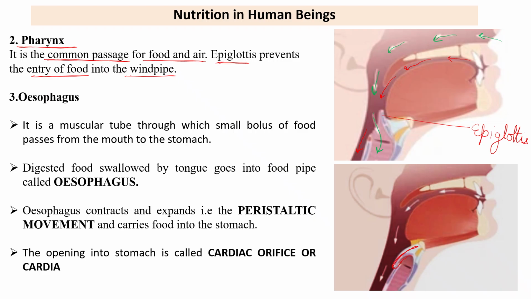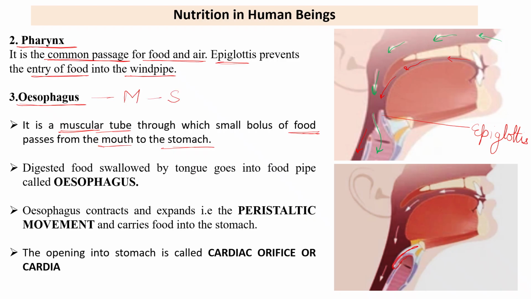Now the next part of the alimentary canal is esophagus. Esophagus is a muscular tube through which food passes from the mouth to the stomach. So we can say that esophagus connects mouth to stomach.